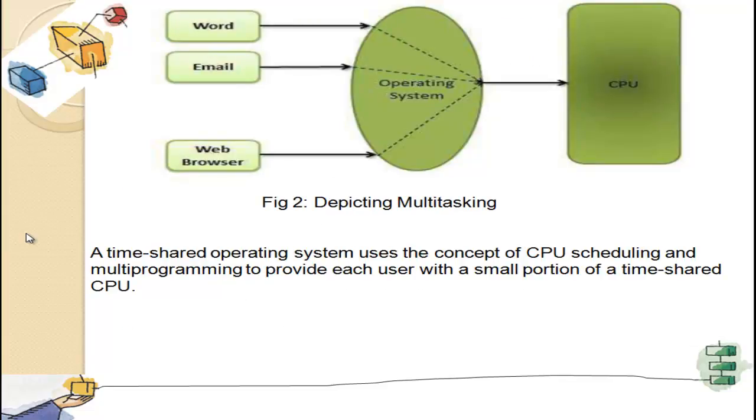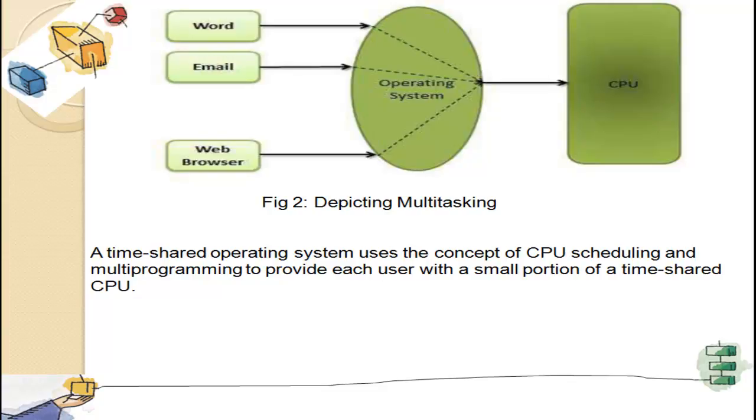Now let's have a look at this picture. On the left hand side you can see various applications. You have Word, you have Mail, you have a web browser. These are all interacting with the operating system at the same time. Now let's have a definition of time sharing operating system.